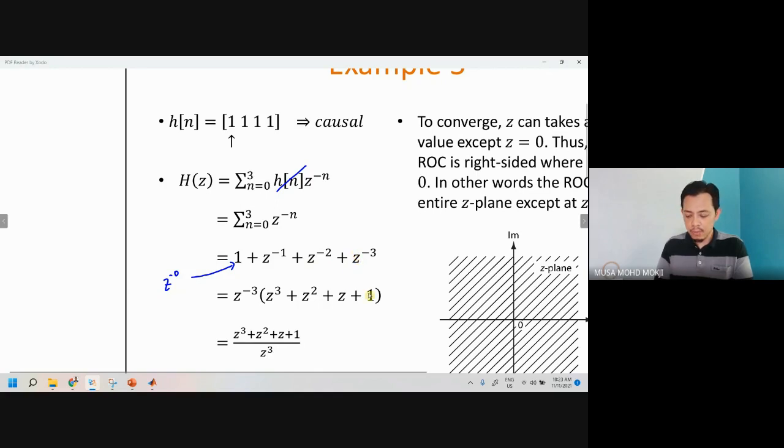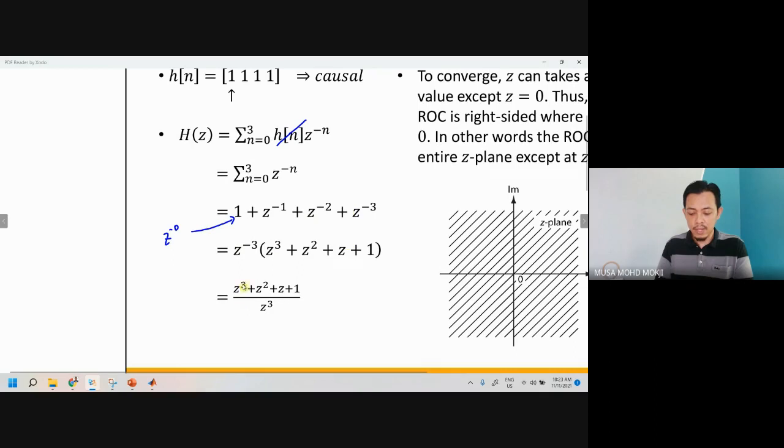If you factorize it, bring out the z to the power of minus 3 here, because this is the highest negative power, then you will get everything on a positive power inside that bracket. Then you can bring this down, so z to the power of minus 3, and this is 1, this is power of 0, divided by z to the power of 3.